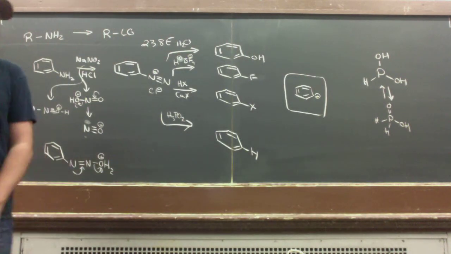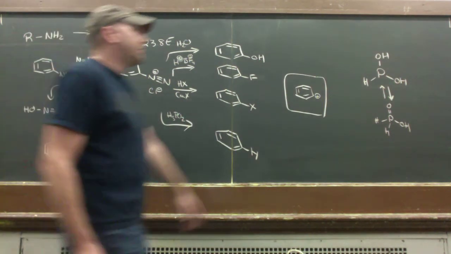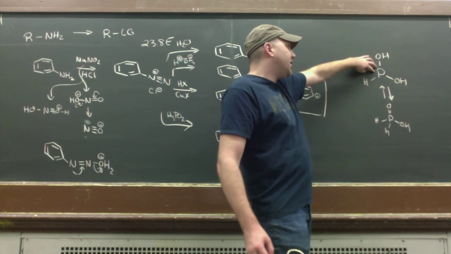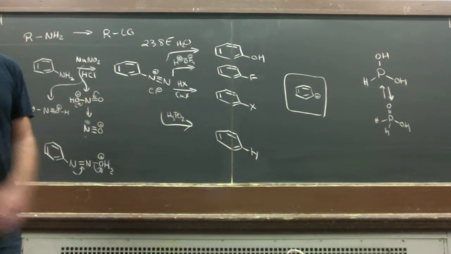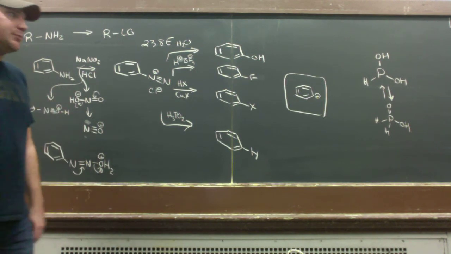And again, I really don't know how the mechanism behaves, but my guess is that it would probably behave via this intermediate here, which is the highly reactive intermediate, helping decompose the nitrogen. So if you're curious, we can try to flesh out a mechanism upstairs in my office hours.